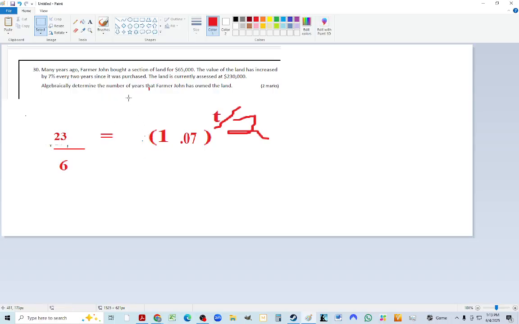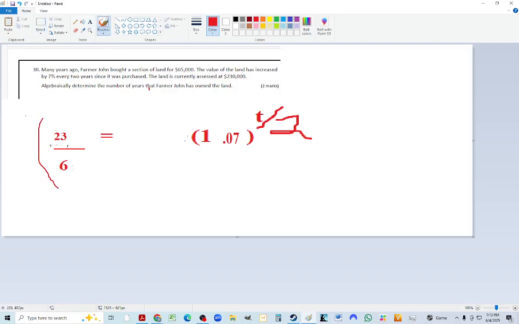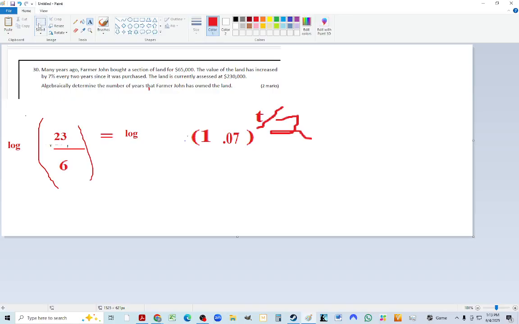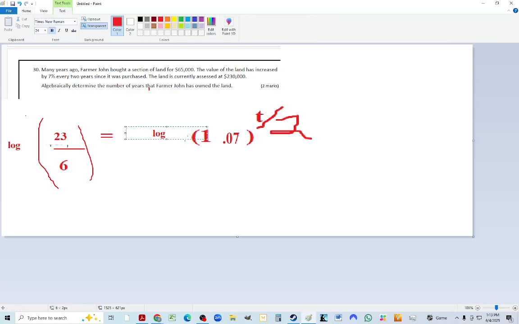Now the only way we can get to that is to take the log of both sides. This is the only way you can get to an exponent. Because this allows me to bring the exponent, T over 2, down in front. T over 2.